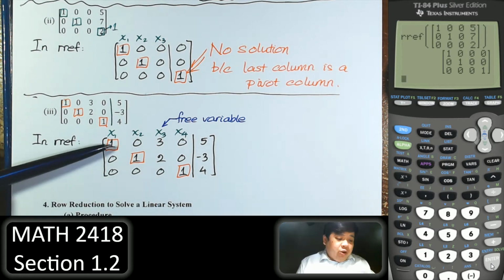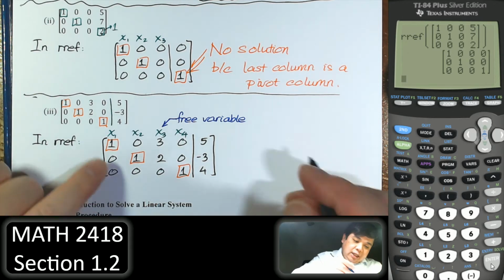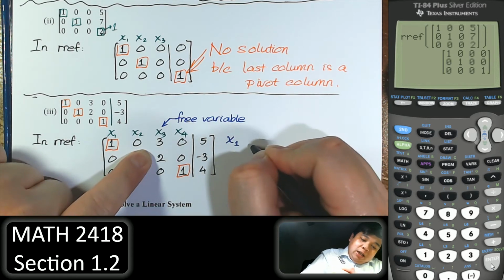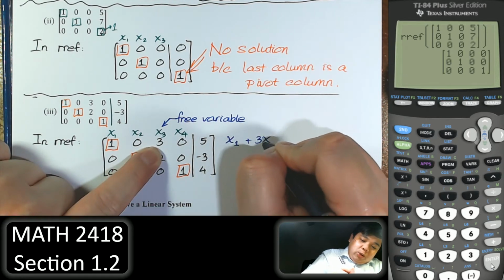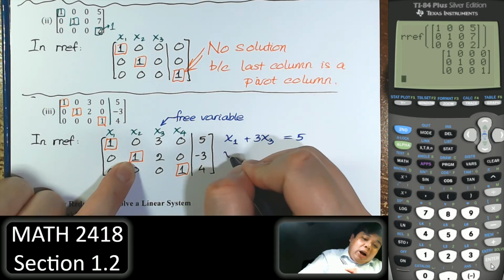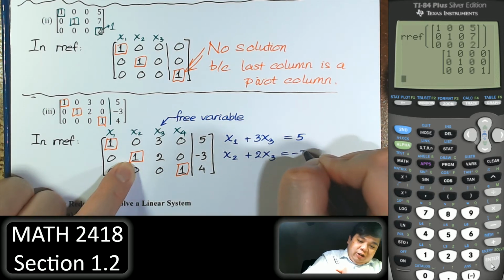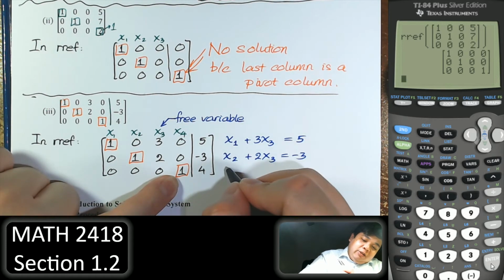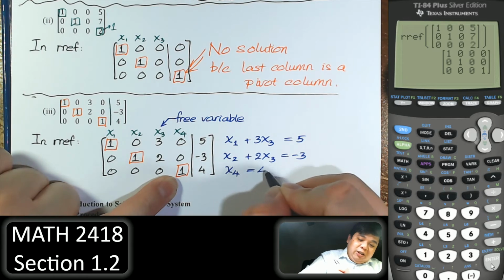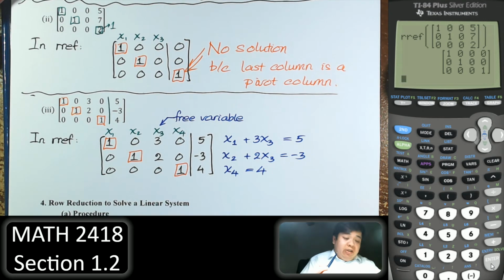Before we do that, let's rewrite this in terms of equations. 1x1, 0x2, 3x3 equal to 5. Right, this one: 1x2, 2x3 equal to -3. And then 1x4 equal to 4. Right, now we will write everything in terms of the free variable.